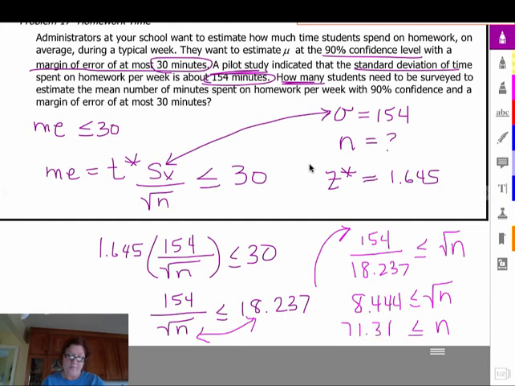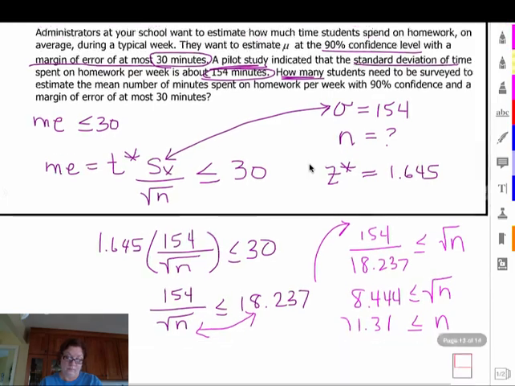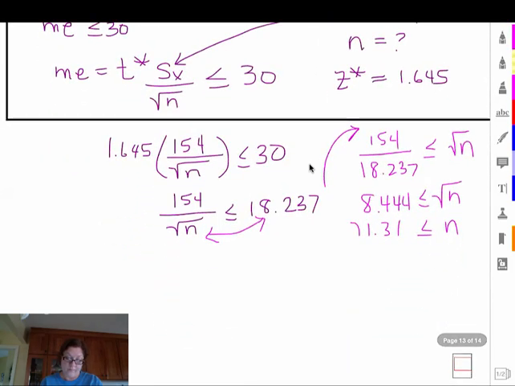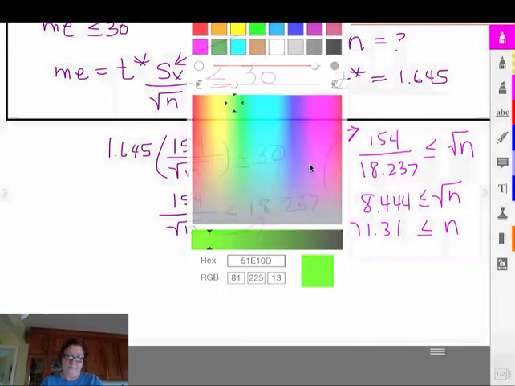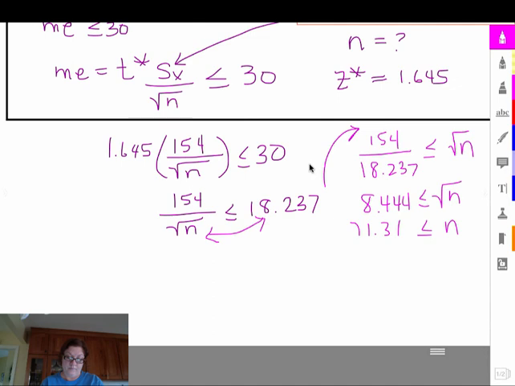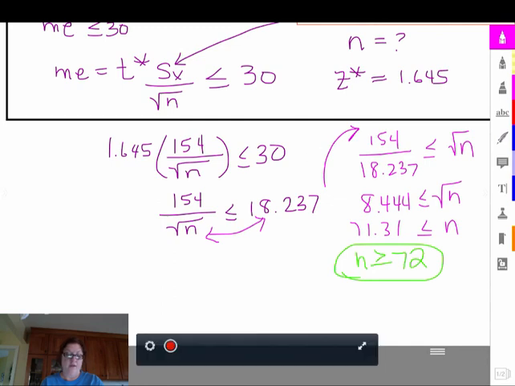And remember, n has to be a whole number so it's going to have to be greater than or equal to 72.